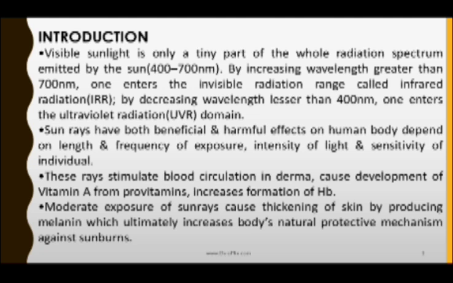They stimulate blood circulation in the dermis and cause development of vitamin A from provitamins, and increase the formation of hemoglobin. They also cause thickening of skin by producing melanin, which ultimately increases the body's natural protective mechanism against sunburns.